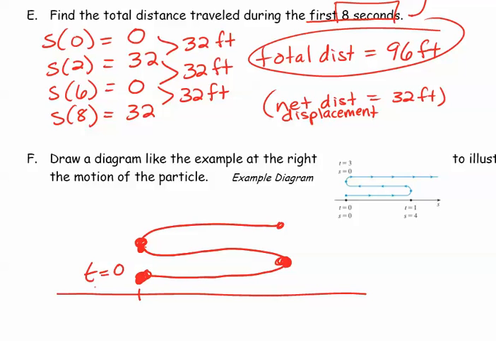At time 0, the position was 0. At time 2, our position was 32. At time 6, the position was back to 0. And at time 8 seconds, our position was back to 32.